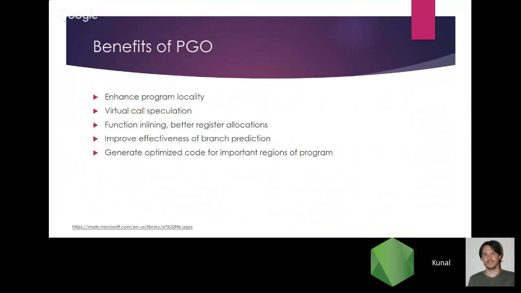It also knows the branch prediction, and I will talk about it a bit in the next slide. And it generates optimized code for the most important regions of the program, which are the most beneficial for the training scenarios that we have performed.